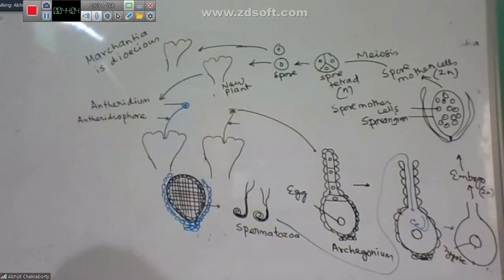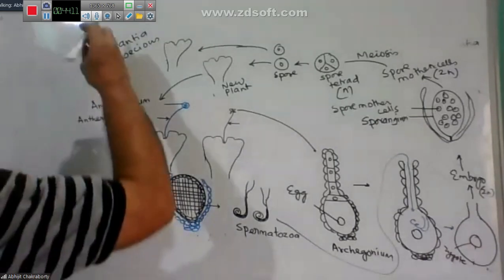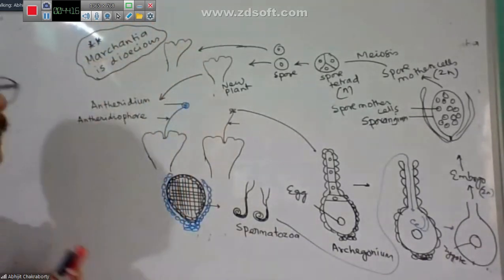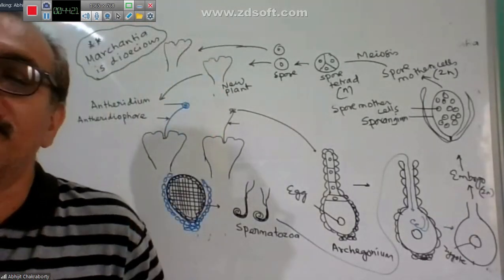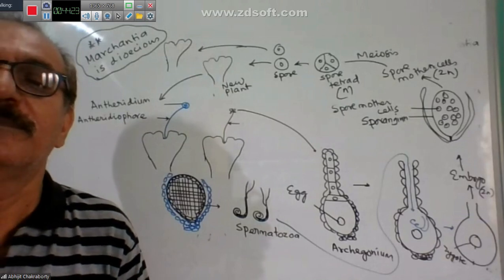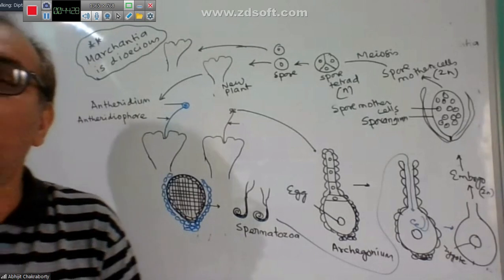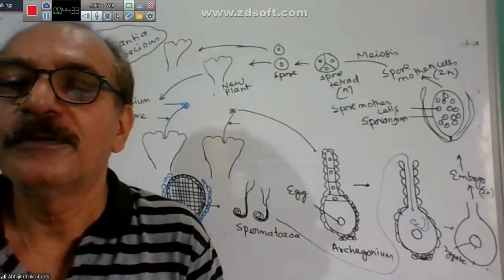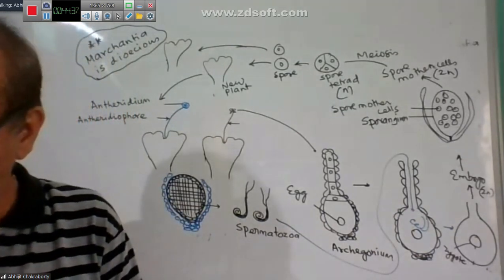Marchantia is dioecious. What does it mean? Sometimes it comes; the question is very important for the entrance. Marchantia is dioecious. What does it mean? Unisexual.